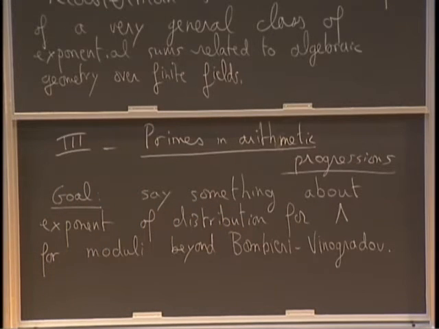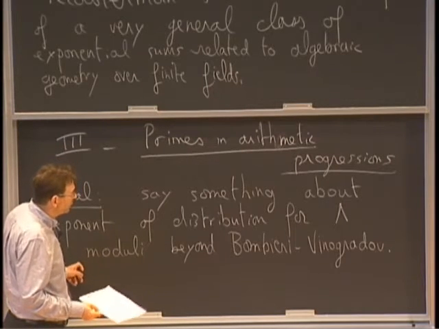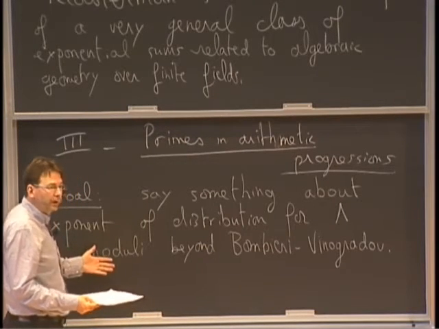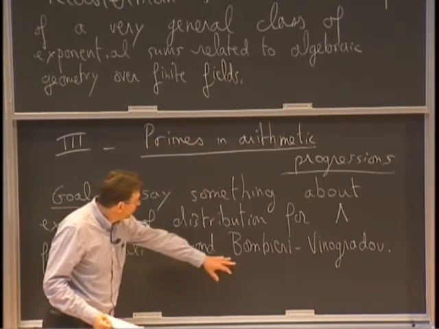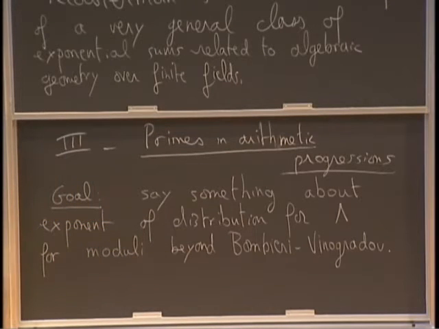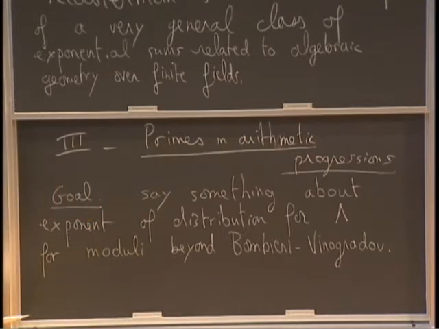Because we want something unconditional, there's no hope of trying to get a strong exponent of distribution, because that would tell you something about the Riemann hypothesis that we don't know today. So we try necessarily to do the same type of averages as in Bombieri-Vinogradov. And in fact, one has to restrict these averages in various ways, because there's no known really complete analog of Bombieri-Vinogradov beyond square root of x.